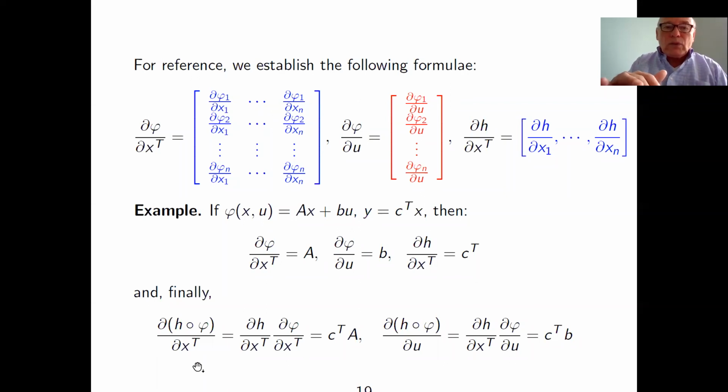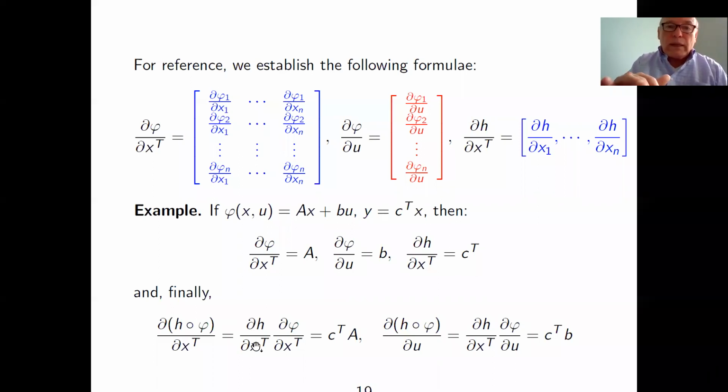And if we wanted to do something like the gradient of that scalar function with respect to the state, we have to use the chain rule. And since this is a composite function, we will have the gradient of h as a row vector, as the first derivative that you will encounter, which is h, which is only a function of x.